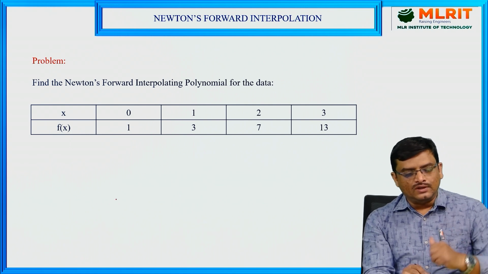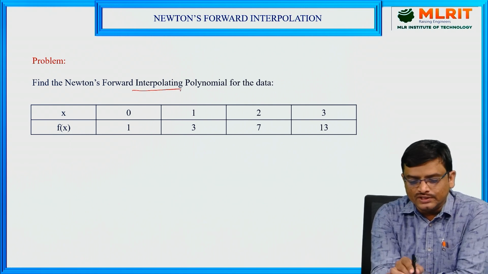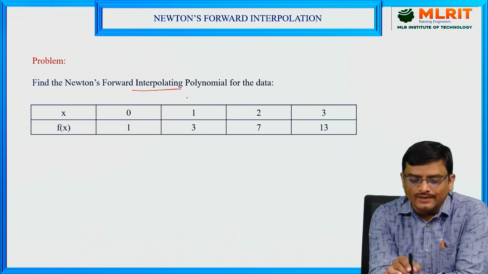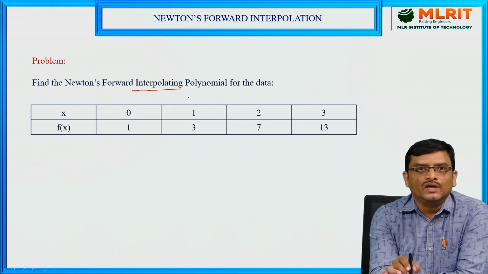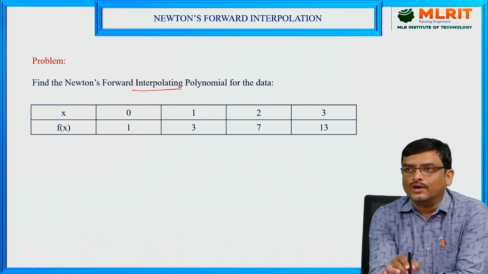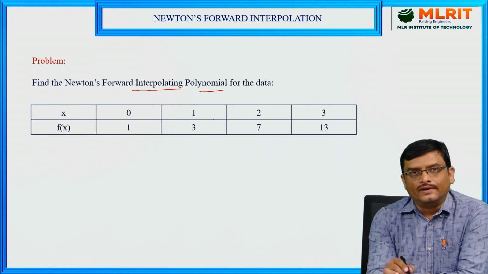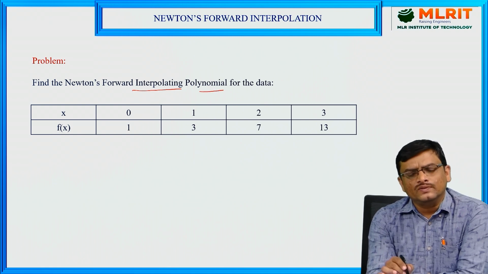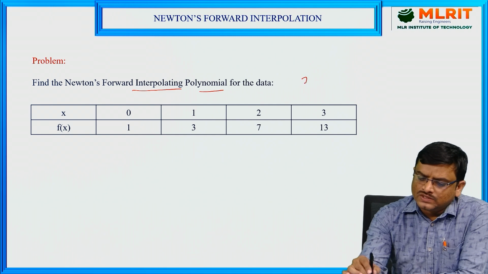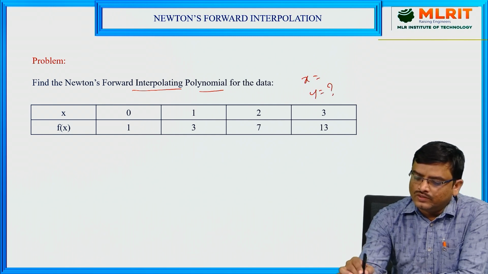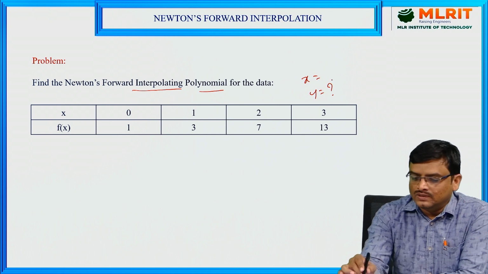Next problem is how to find Newton's forward interpolating polynomial. Whenever the problem asks you to find the interpolating polynomial, the Newton's forward interpolating polynomial for the given data, note that in the previous problems they gave some x values, and at those x values we saw how to find the corresponding y value. That is one model.